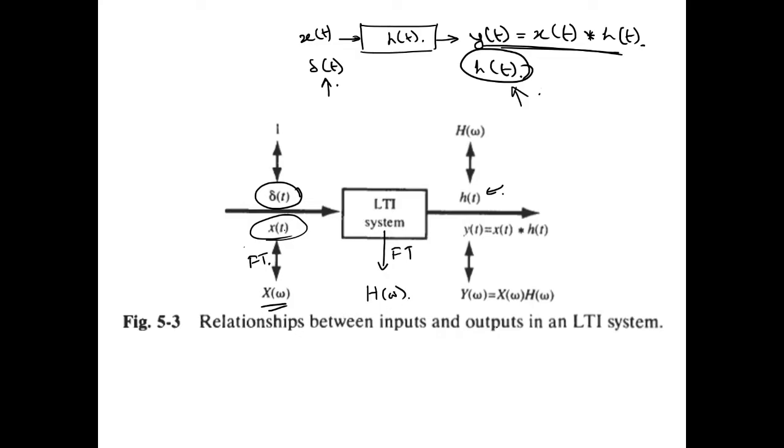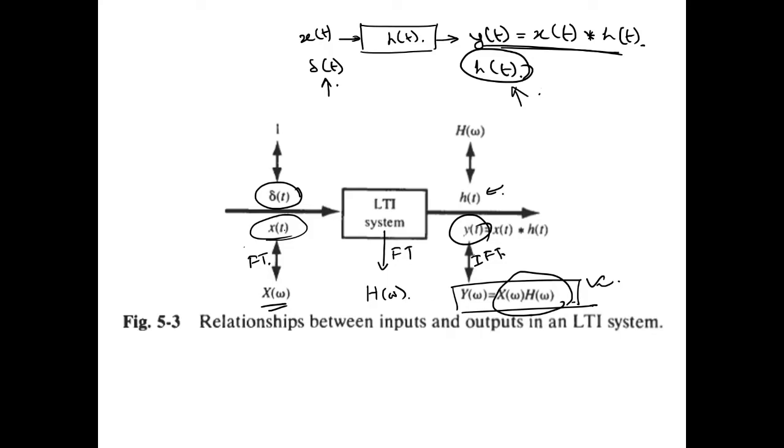Okay. Then the output Y(omega) is given by X(omega) multiplied by H(omega). And believe me, doing multiplication is easier as compared to doing the convolution. Okay. Now, once you get this output, you perform inverse Fourier transform and you get the output of the system.